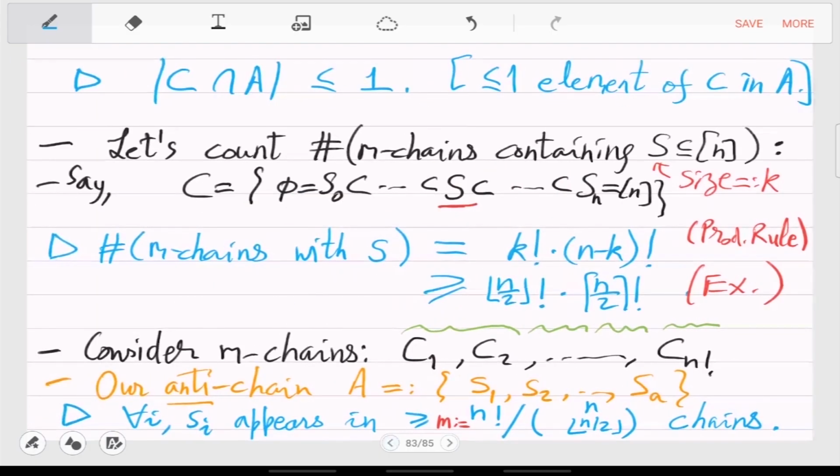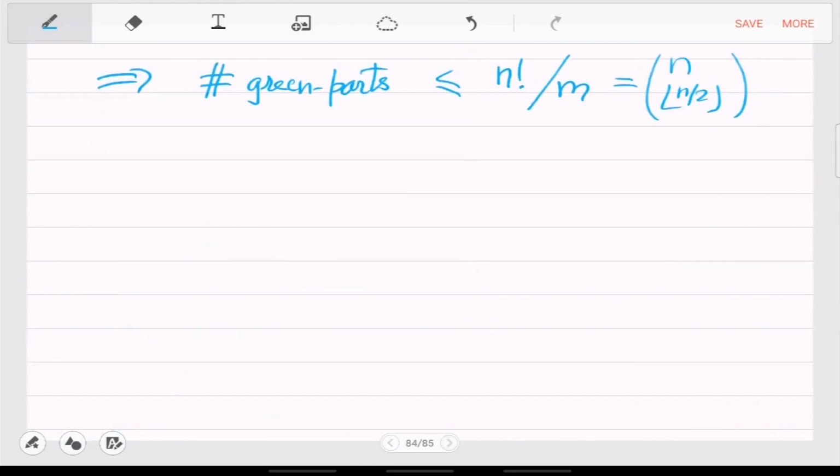And so this is on one hand. On the other hand, the number of green parts is just a, right? Because these parts are defined by the Sis and they are all disjoint. So this on the other hand is by definition A. So what we have deduced is that the size of an anti-chain is always less than or equal to n choose n by 2.